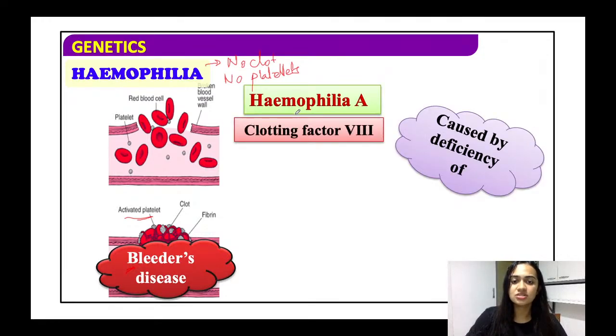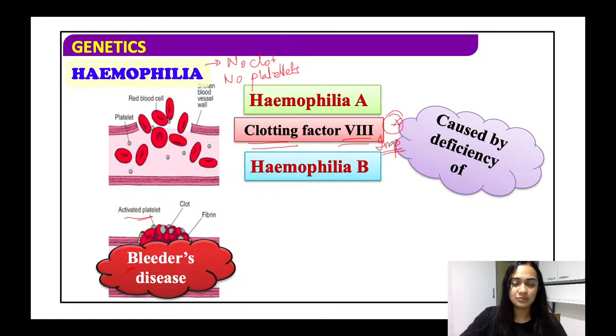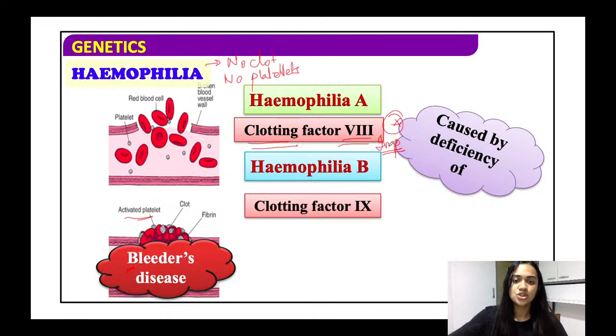So it is caused by the deficiency of the clotting factor. तो ये जो ब्लड है वो अपने आप को क्लॉट करके ब्लड फ्लो स्टॉप नहीं कर पाता, और क्लॉटिंग फैक्टर 8 के डेफिशिएंसी की वजह से कॉज होता है. You need to remember this cause, it is very important. We have hemophilia A and hemophilia B. So hemophilia A is caused by clotting factor 8 and hemophilia B is caused by clotting factor 9.